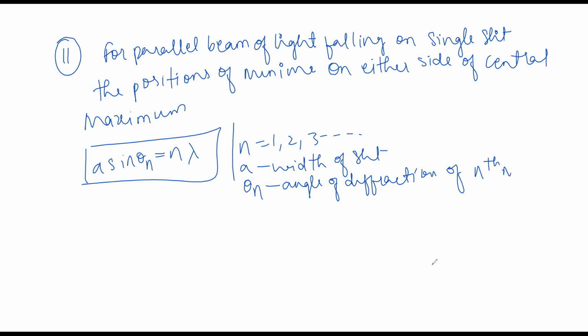What is lambda? Wavelength of light used. So here, by using these values, what do we have to calculate? sin theta n is equal to n lambda divided by a.